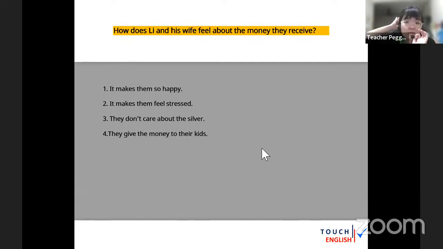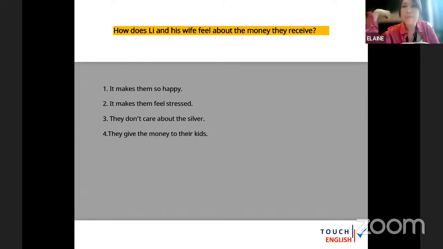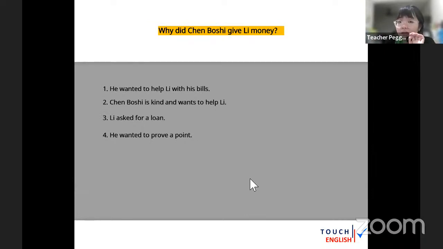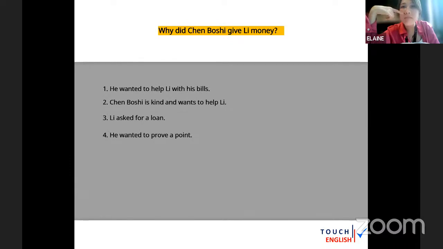Okay, how do Lee and his wife feel about the money they receive? At first they feel happy. Okay, and why did Chamboshi give Lee money? He wanted to prove a point.